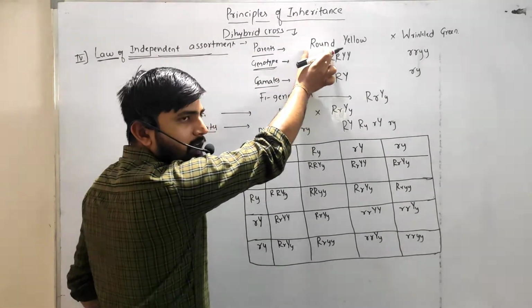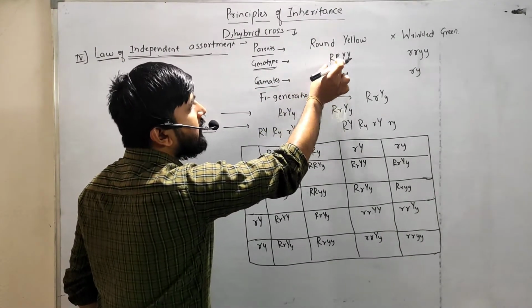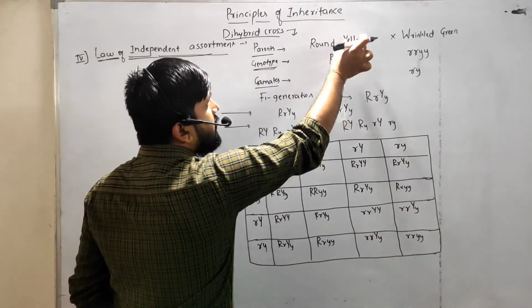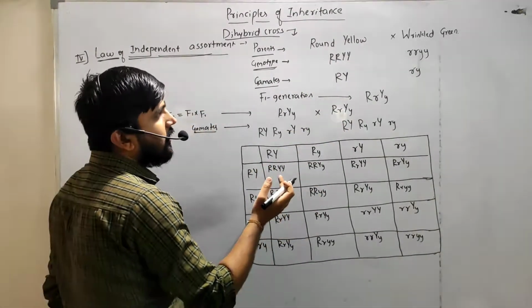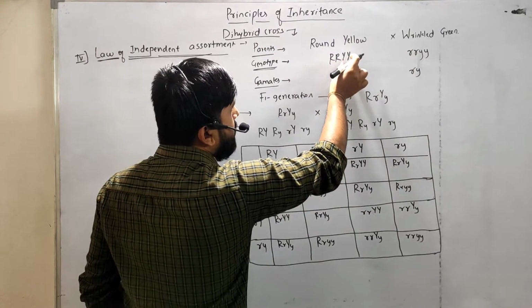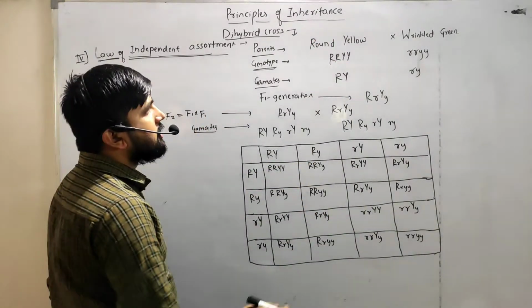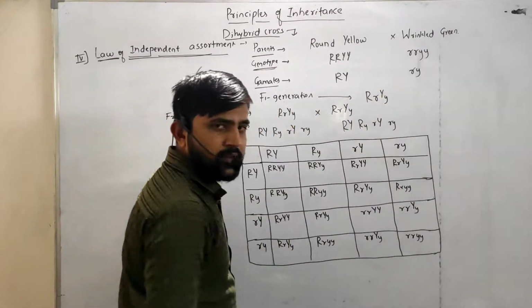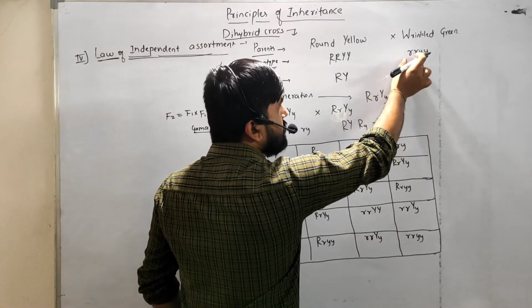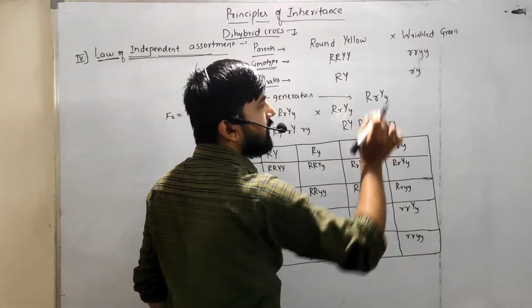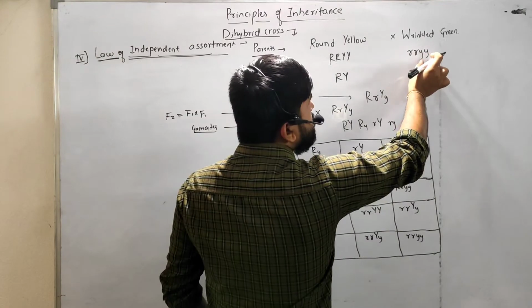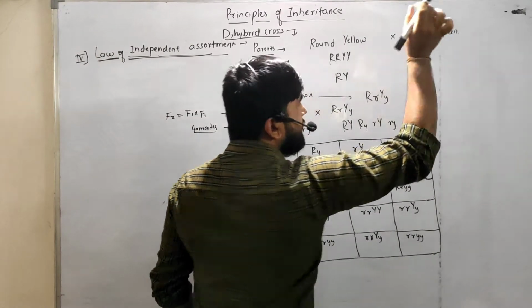The genotype of the characters: for the round character we taken capital R. For the color of the cotyledon, yellow, we taken capital Y. In case of wrinkled green, we taken small r for the wrinkled character and small y for the green character.